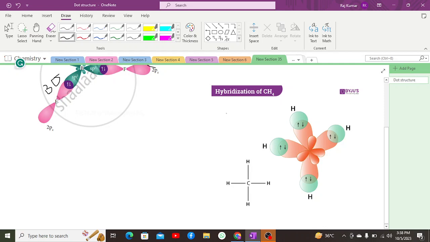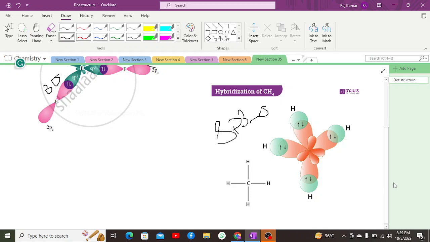Secondly, there is the hybridization of CH4, methane. Methane has a tetrahedral structure, a 3D, non-planar structure, and 109.5 is the bond angle, such that this is sp3, sp3, sp3, sp3. The bond formed between sp3 of the central atom carbon and hydrogen as a surrounding atom is an sp3-s bond.